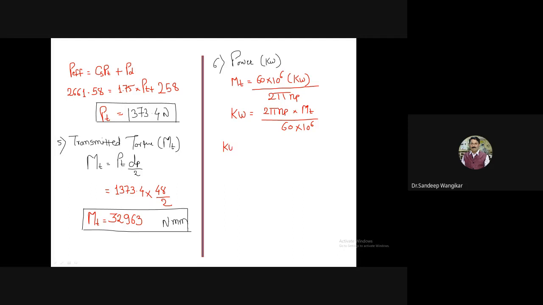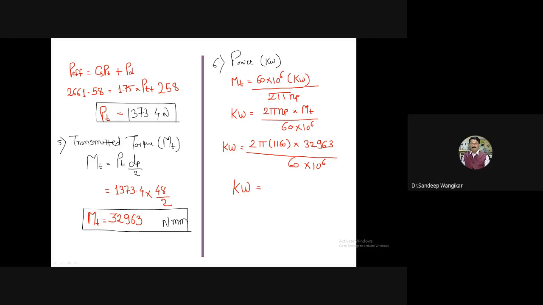So, kilowatt is equal to 2 pi NP. What is the value for NP, RPM, given? 1160 into, substituting here, 32963 divided by 60 into 10 raised to 6.